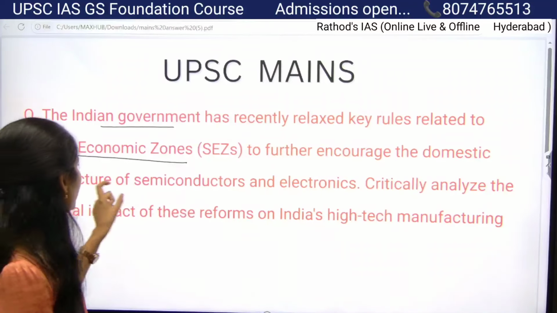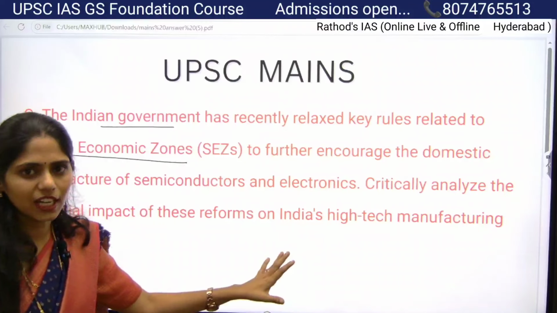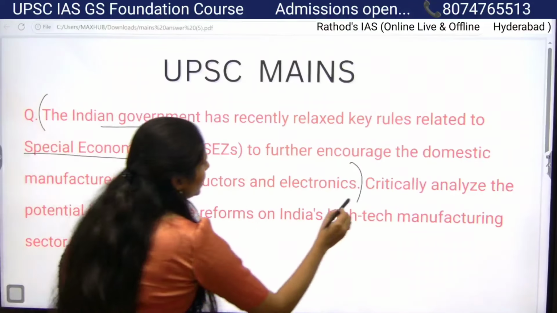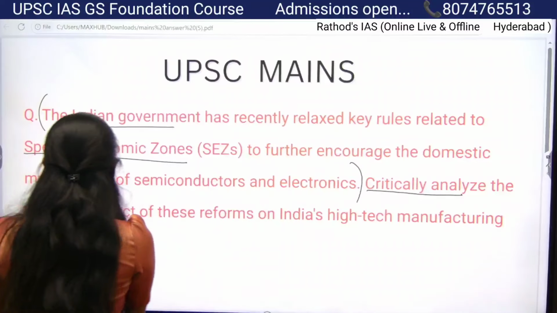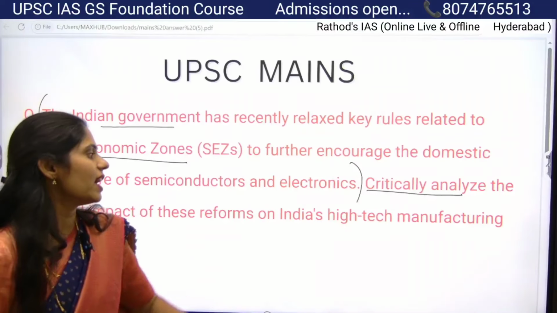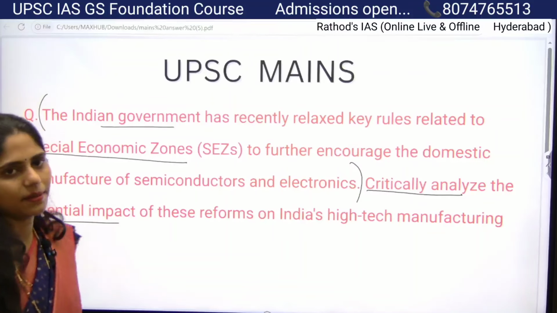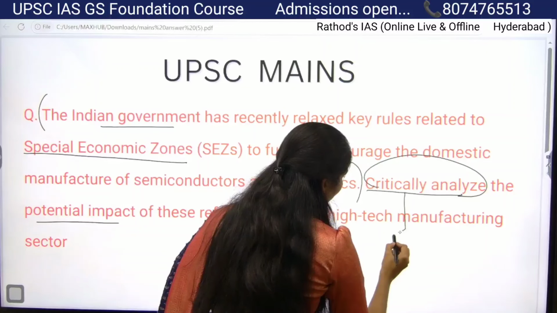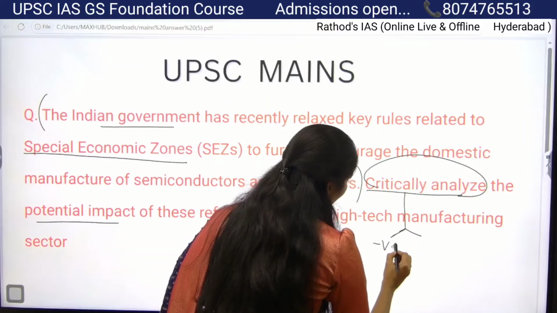To encourage domestic manufacture of semiconductors and electronics. And they asked to critically analyze the potential impact of these reforms on India's high-tech manufacturing sector. They used the words critically analyze, which means you have to see both positives as well as negatives.